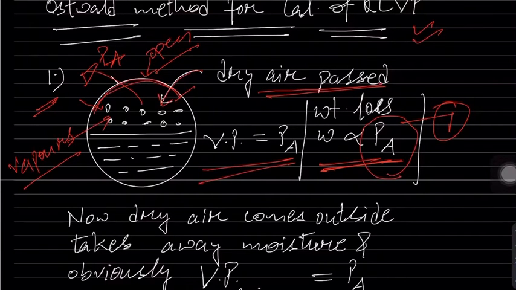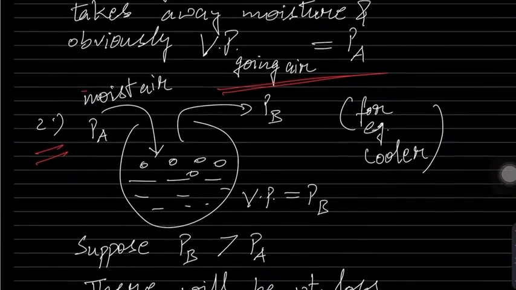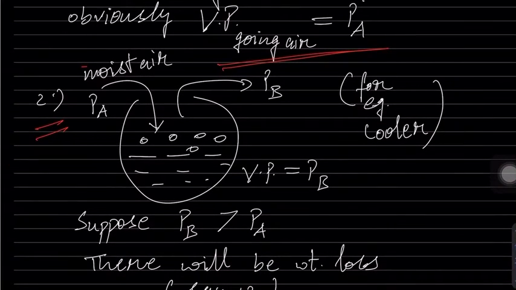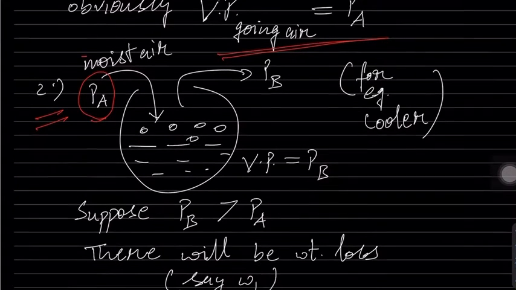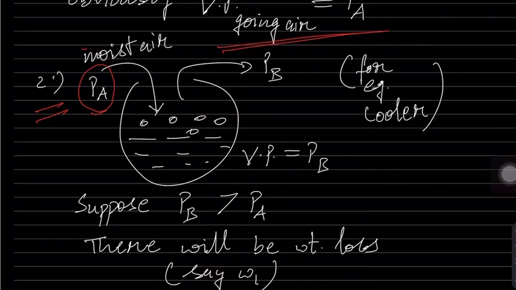Air is wet and it is maintaining a vapor pressure PA, or you can say moist air. So moist air comes with a pressure PA, and now let us say we have another solvent, or you can say the solution, which is having a vapor pressure of PB. These vapors are having vapor pressure of PB.